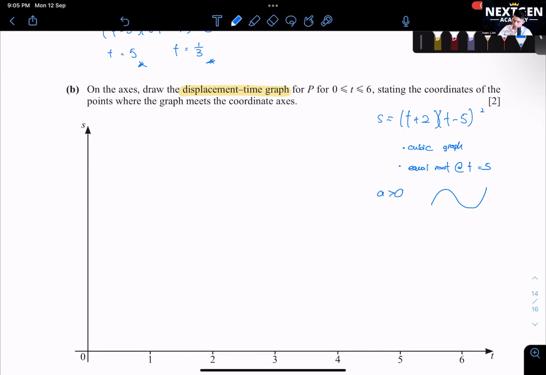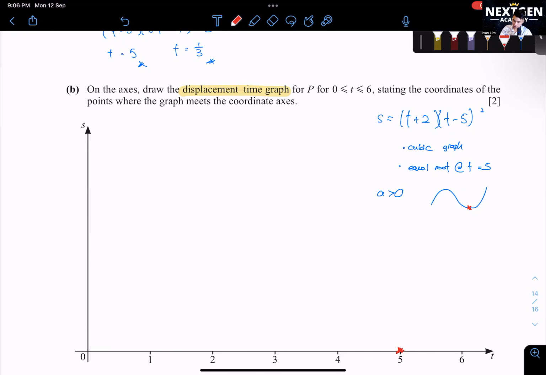So that means I know at here, over here, this is when the graph touches, and it will be a U shape like that.